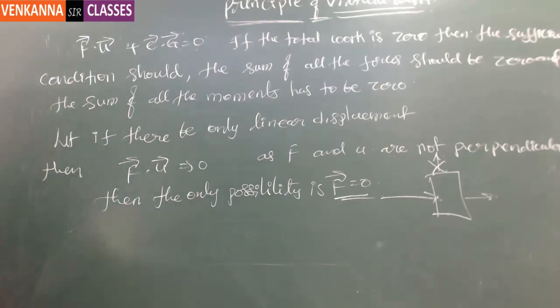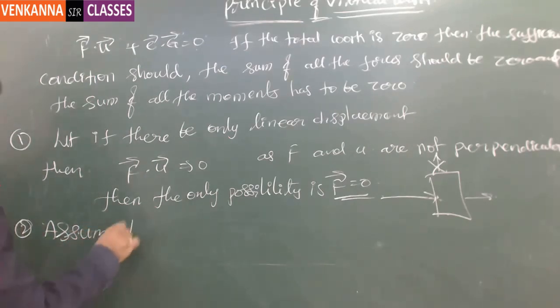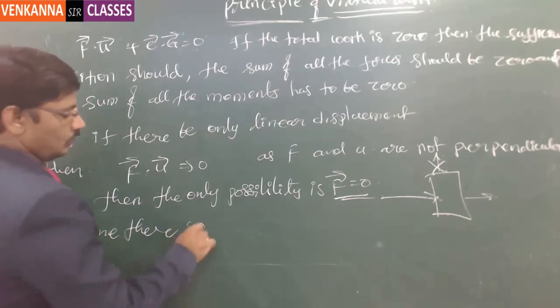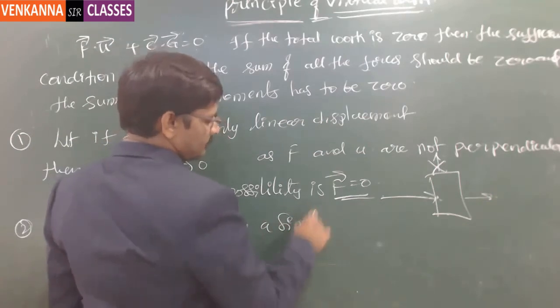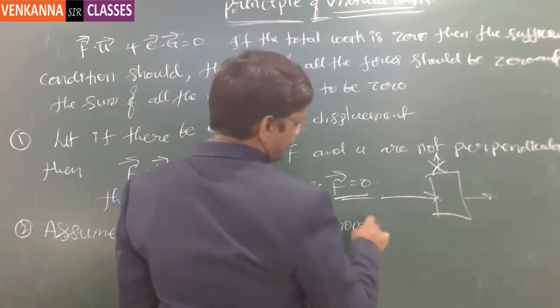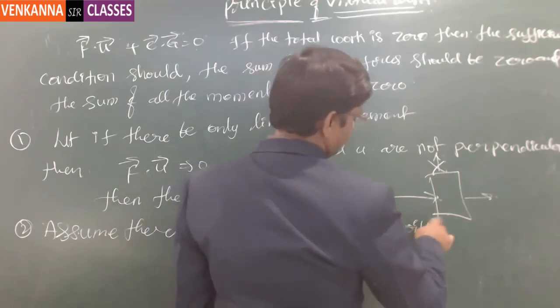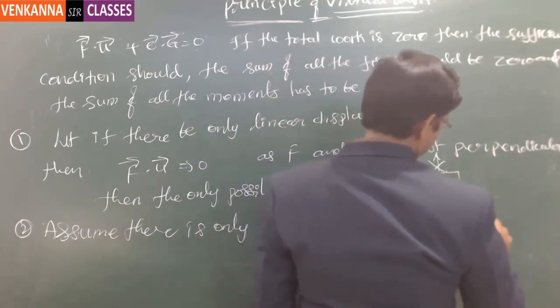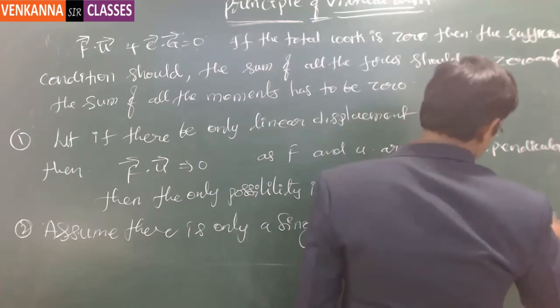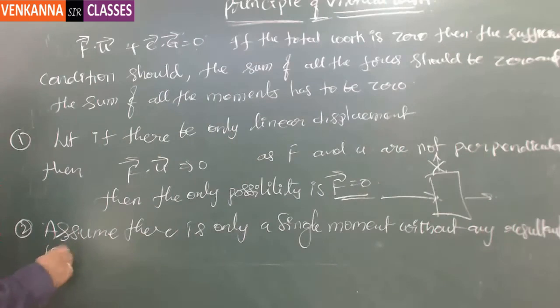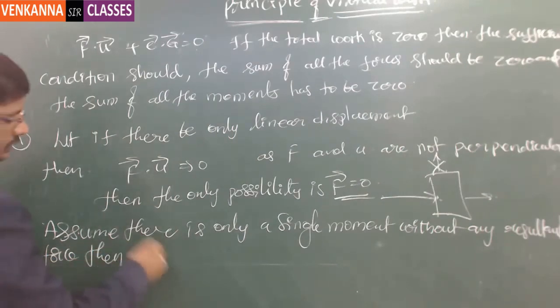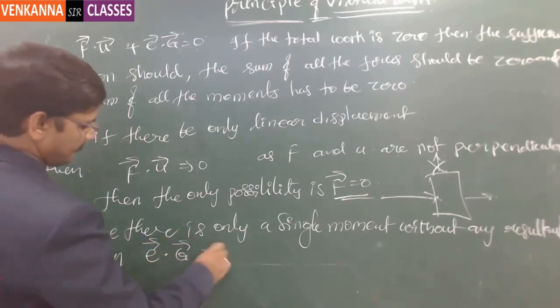Now if you take case 2, so this is case 1 and this is case 2. Assume that there is only a single movement without any resultant force. Then E dot G has to be equal to 0.